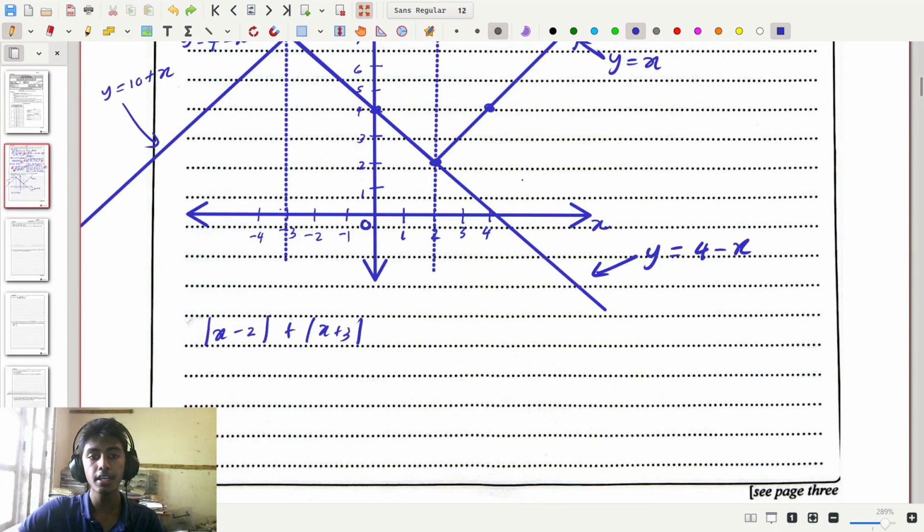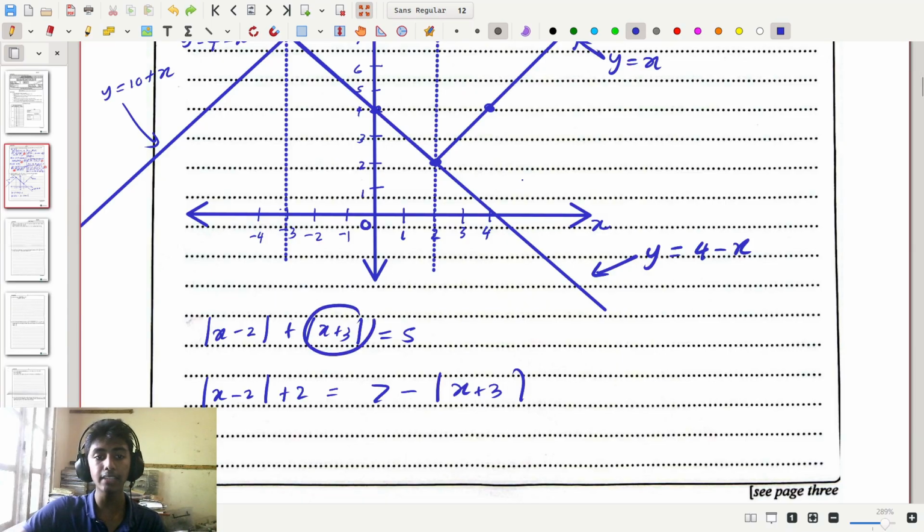And if we take this equal to 5 and rearrange it a little bit, we get that the modulus of x minus 2 plus 2 must be equal to 7 minus the modulus of x plus 3. We can get this by adding 2 to both sides and then subtracting the modulus of x plus 3 from both sides. So we can see that this statement is exactly the same as this statement.